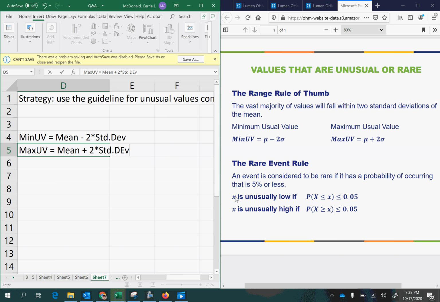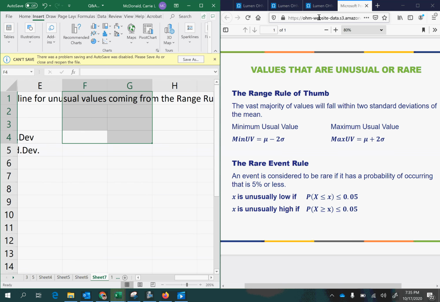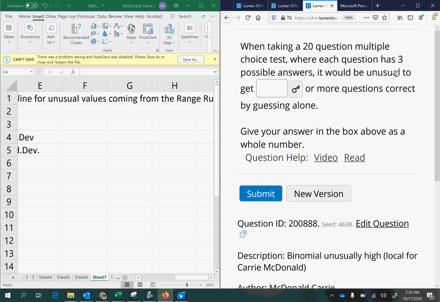For this question, we actually only need the maximum usual value, but we might as well learn how to do it either way, because you could also get a question that asks you about a certain number being unusually low. And so you want to be able to look at both sides of that concept.